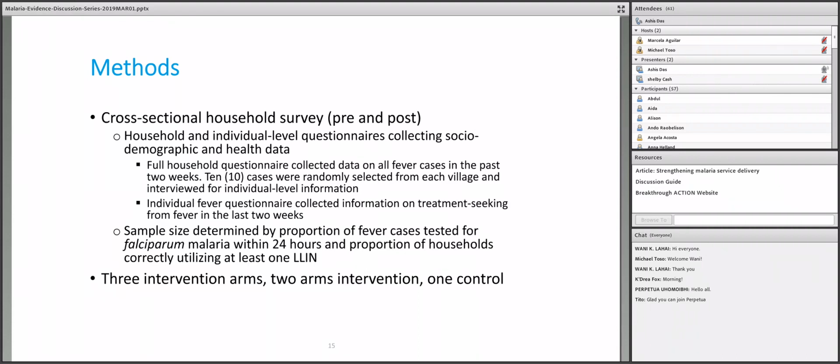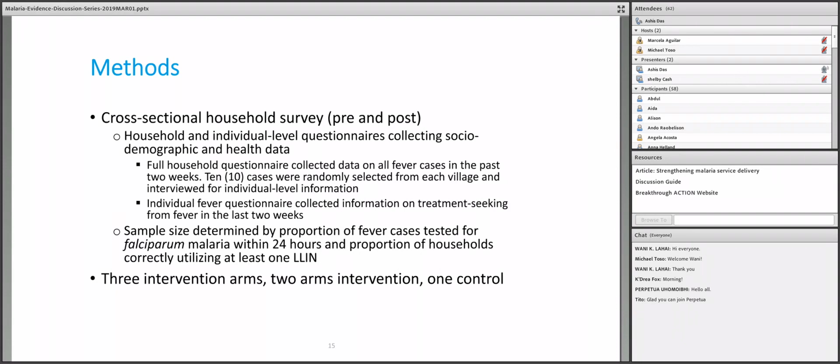During the survey, there was first a house listing of all households in those villages to know if there was any case of fever in the previous 2 weeks. Then out of that, 10 were randomly selected and interviewed for the household as well as individual level information on socio-demographic profile, about their health-seeking behavior.